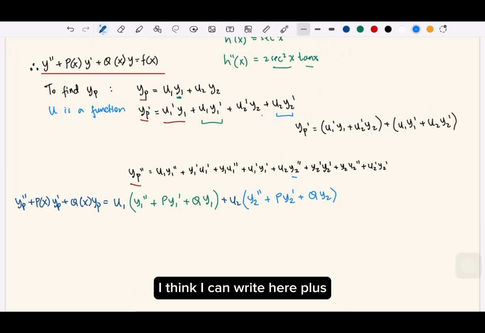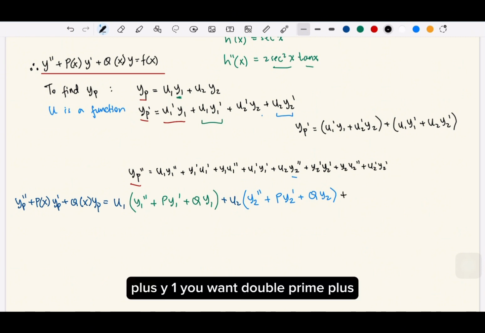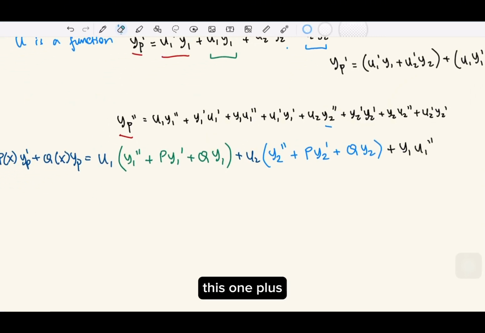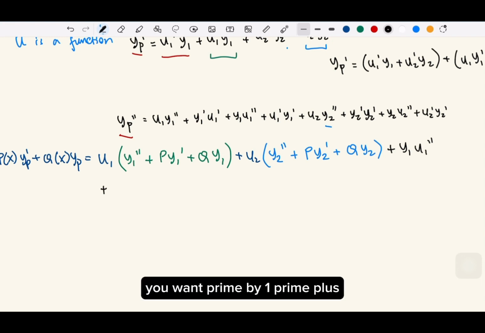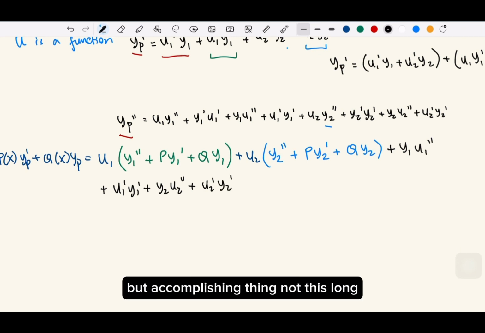I think I can write here plus y1 u1 double prime plus y2 u2 double prime, plus u1 prime y1 prime. It's a little bit long, but the conclusion will not be this long, okay?